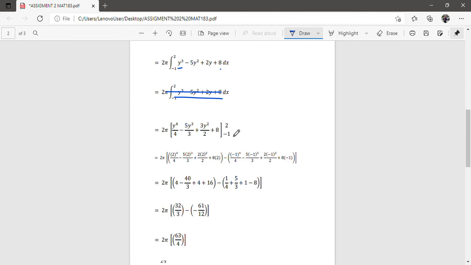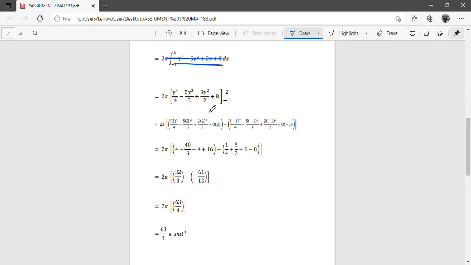And then here we will substitute the upper bound and lower bound. This is upper bound, this is lower bound. We substitute into each of the y, and then this also we substitute into this, and this.